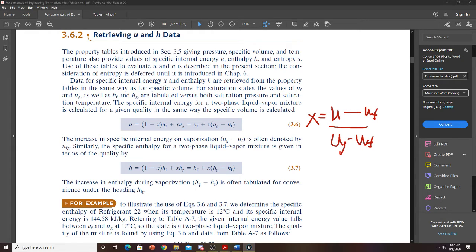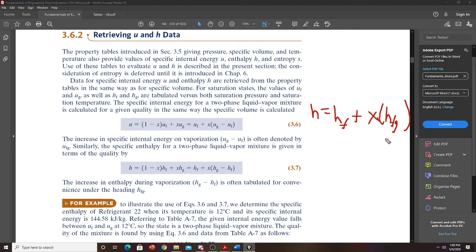So this equation is basically saying that you can use it for H as well. You can remember when I told you that all of this can be used for the exact same thing. So you can use H in there. You can do H equals HF plus X times HFG.